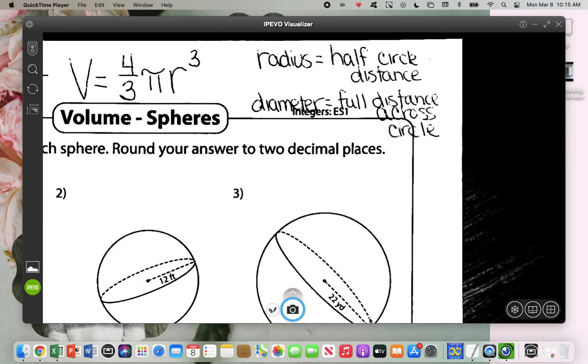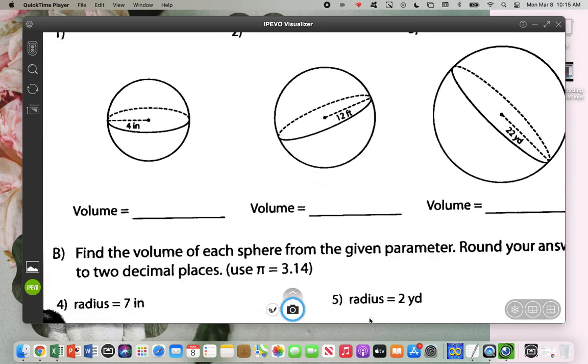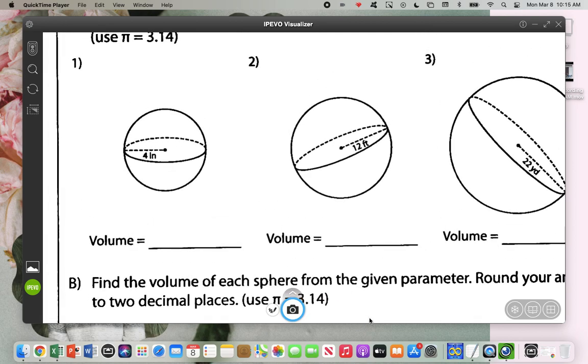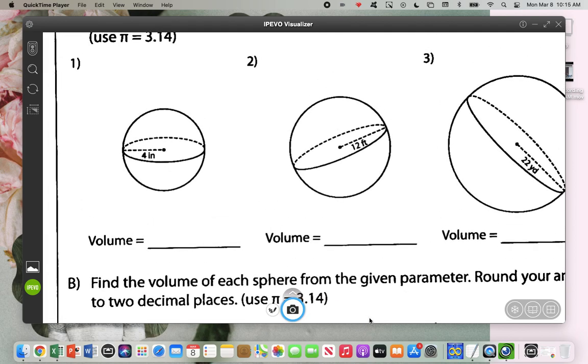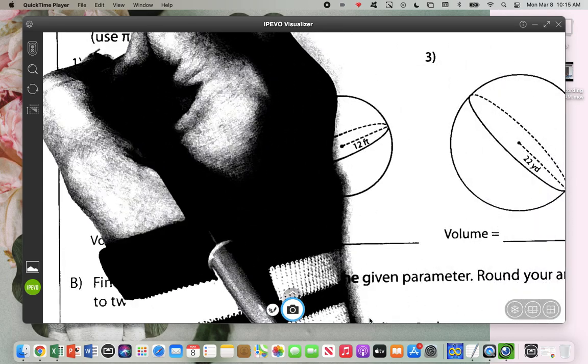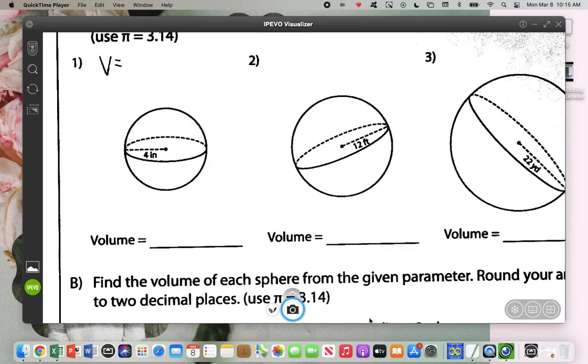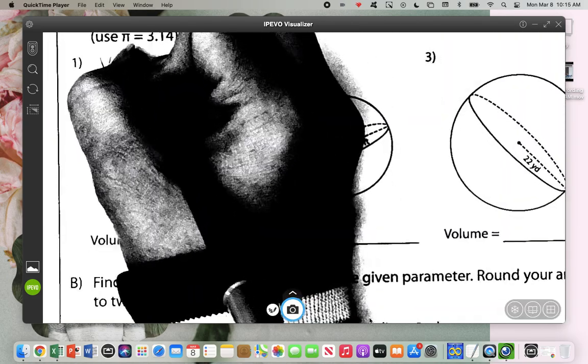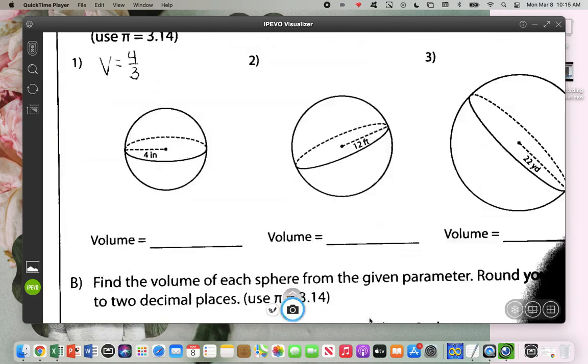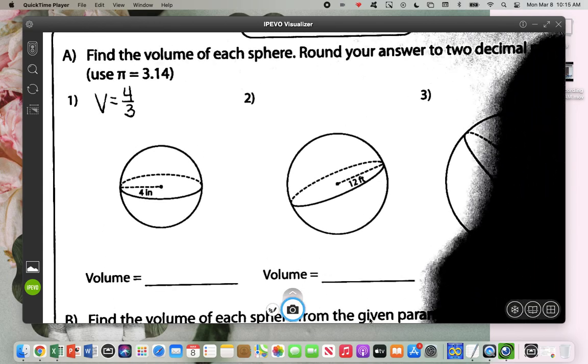You good? All right. So this first example, we have a sphere, and what is the radius on this one? I'll say the radius is 4. So we are going to plug in our formula. The first thing is 4 divided by 3. Now, what does it tell us to use for pi?